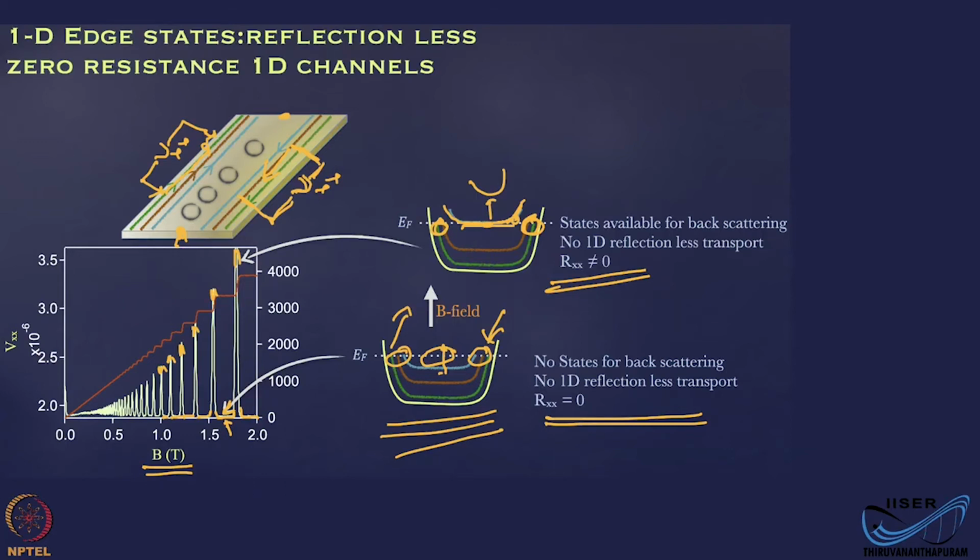That is also a sign of a perfect two-dimensional system. If you don't have a two-dimensional system, you will still find this oscillation, but the resistance value will not hit zero. The zero comes only from a two-dimensional sample exhibiting one-dimensional transport, because the transport along the edge is one-dimensional. So these edges are one-dimensional channels.